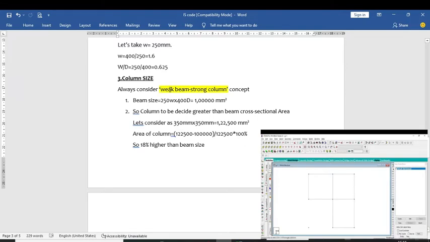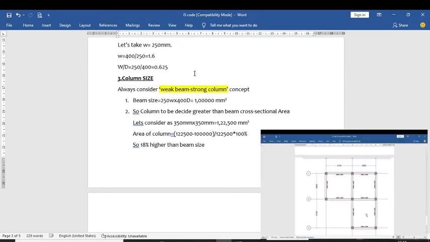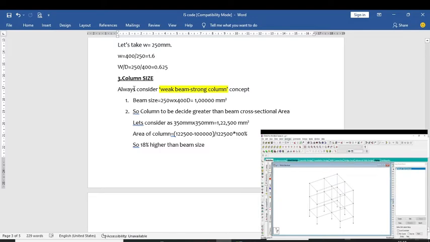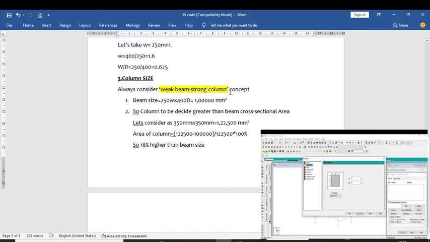If you don't follow this concept, and the column fails first, then your structure is of no use. So you always consider the weak beam strong column concept.